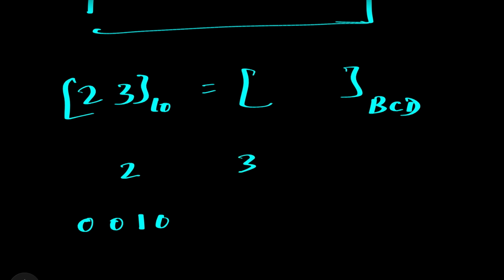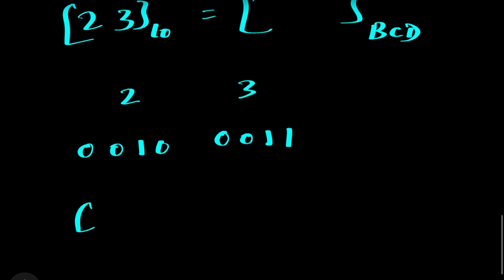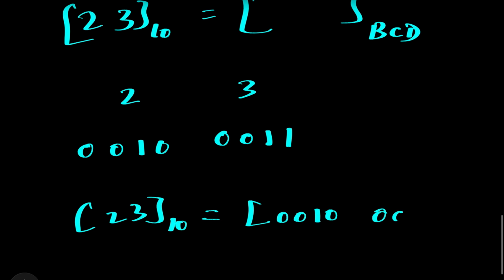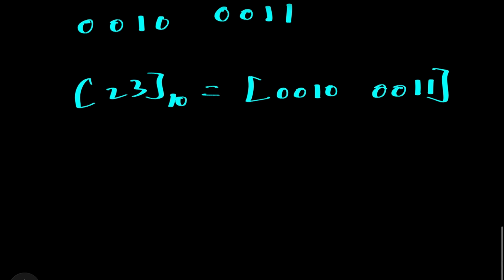And now we have a 3, so the equivalent 4-bit is 0, 0, 1, 1. Now writing the final result, it's 0, 0, 1, 0, 0, 0, 1, 1. So this is how binary coded decimal works.